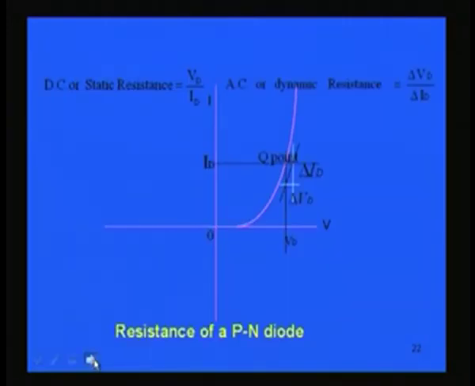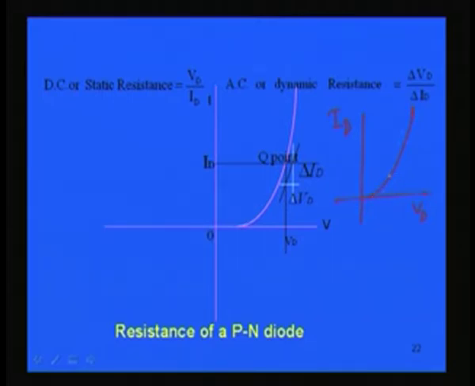Now, with this diode characteristic, we can find out the resistance of the diode also. When you have the VD-ID characteristic and want to find the resistance of the diode, mind that it is a non-linear characteristic; the diode is not linear.